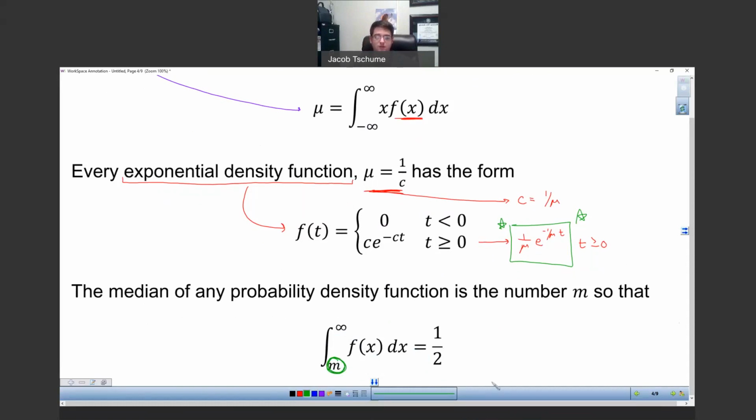integral? All right. Now, somebody usually also asks me, is it possible to also do it from 0 to m? It is. Since we're going to be doing exponential density functions, we could integrate from 0 to m of f of x dx and set that equal to 1/2.